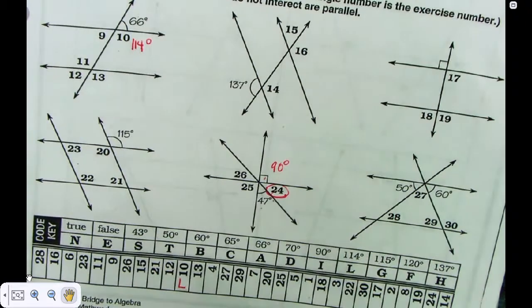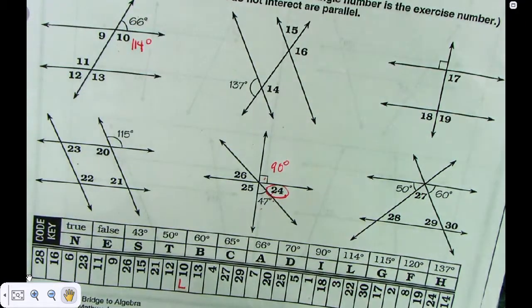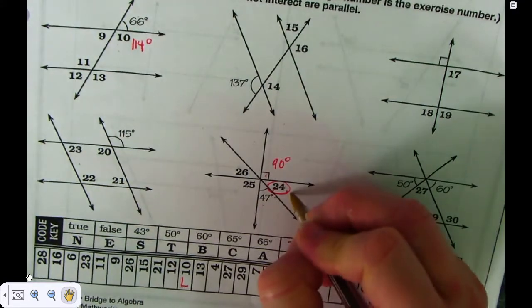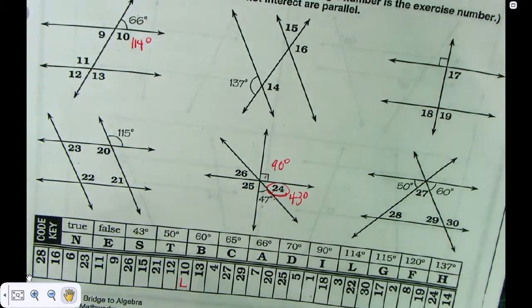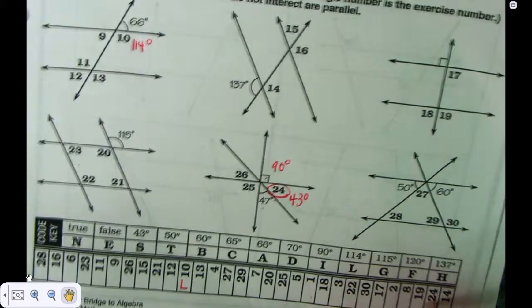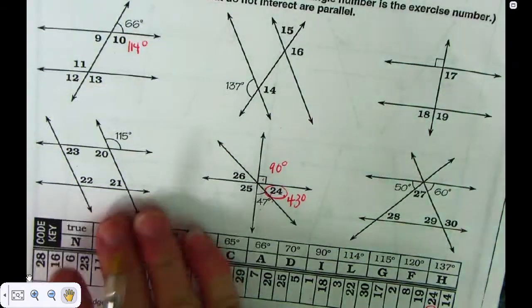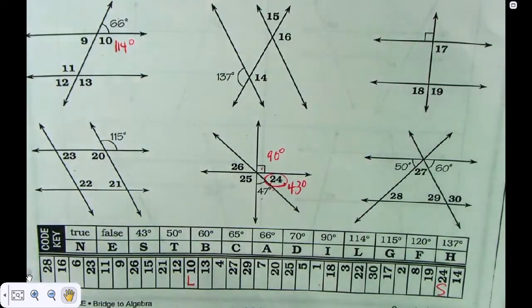So these two have to equal 90. So 90 minus 47 is what? 43 degrees. So 43 is S. 24 is S. Next to the last one on the bottom row. 24 is S. Okay, does everybody understand what you're doing?